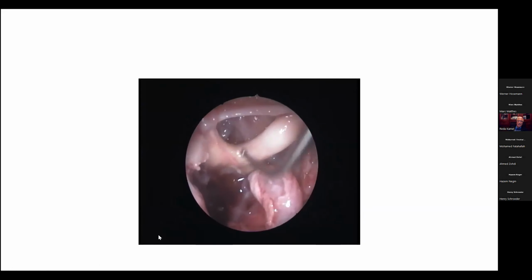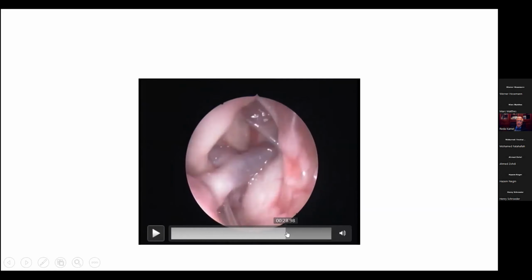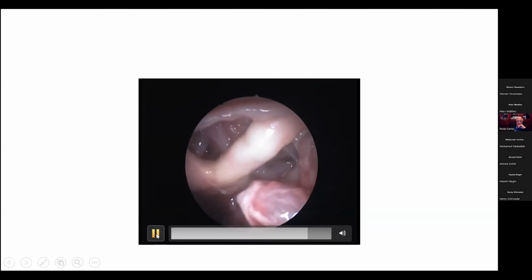And this is very nice, showing the carotid, the PCOM, the posterior communicating, and the posterior cerebral arteries.